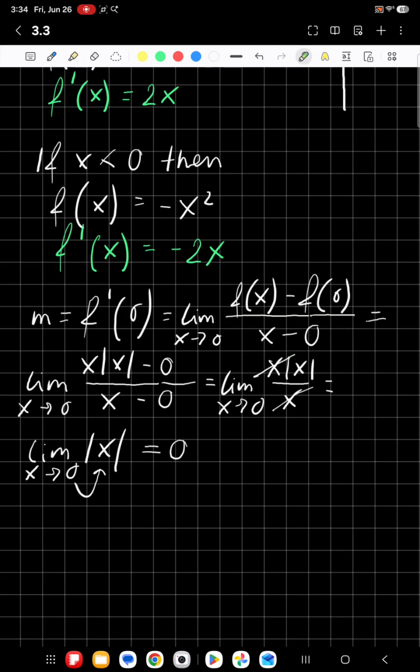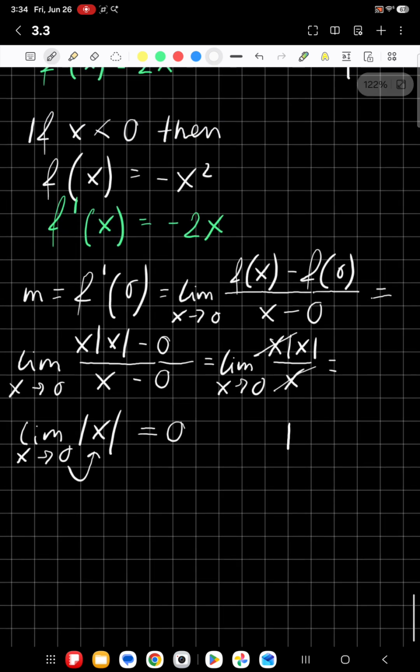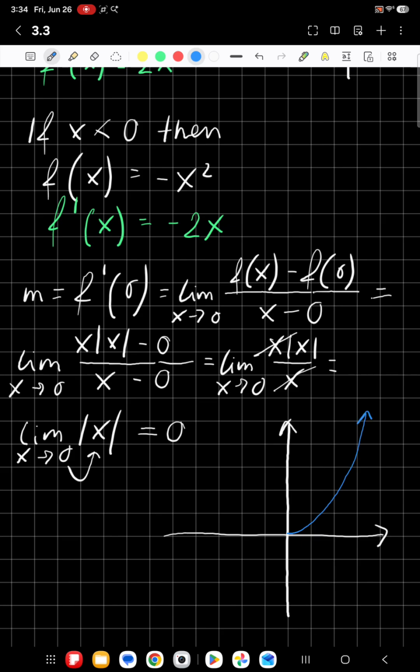If we look at the graph quickly, it was something like this. If x's are positive, that's just x squared, so a parabola this way. And if those x's were negative, then we had this parabola, which was negative x squared.